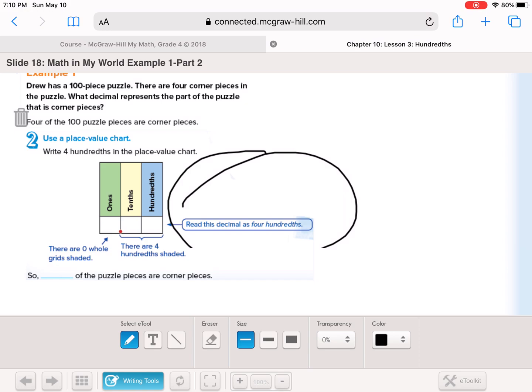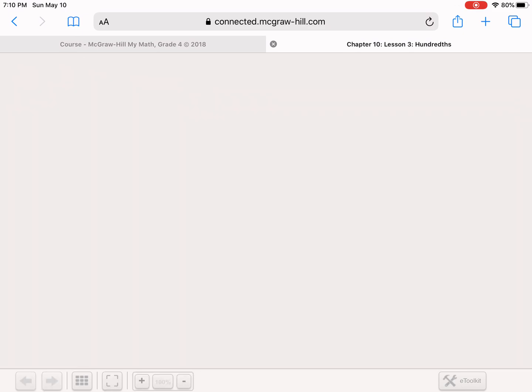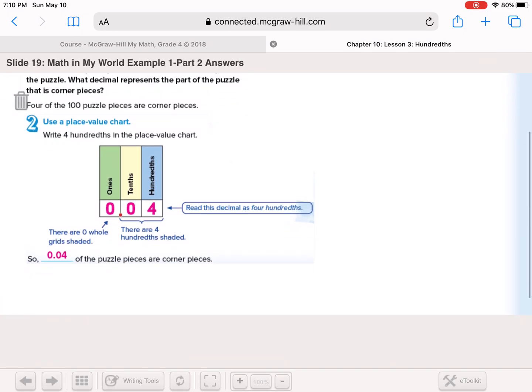So wherever the last digit in the number is, that's how you name the number, okay? The last digit would be 4, and it's in the hundredths spot. So you say 4 hundredths, okay? So let's look at the next page, and it will have it all written out nicely for us. So it's 0.04 because there were no dimes. There were no tenths there.